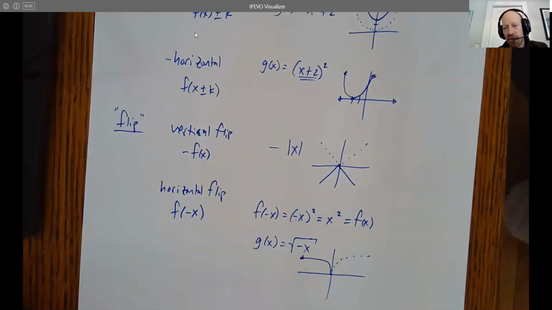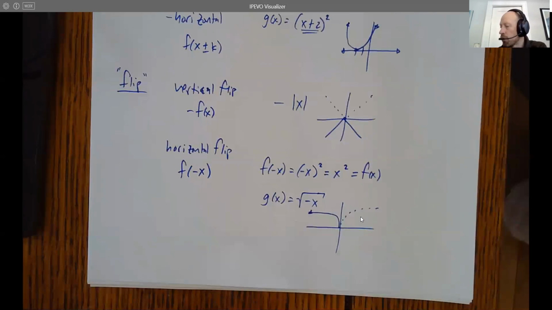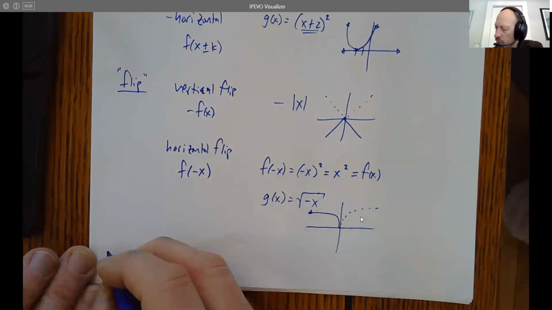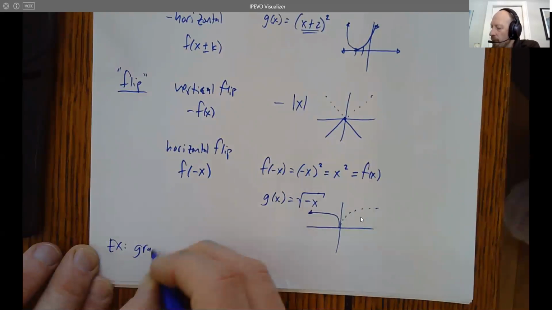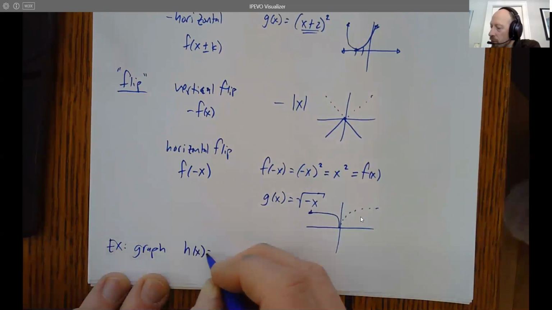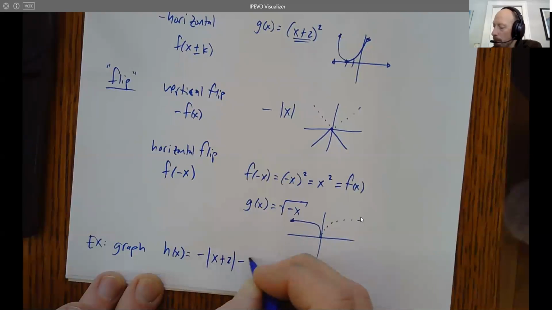There are some other types of these transformations, but these are the ones we're really focused on in our algebra course. So you can put some of these together too. So for example, if I say graph h of x equals negative absolute value of x plus 2 minus 3.